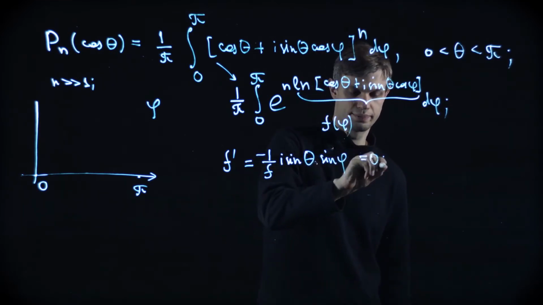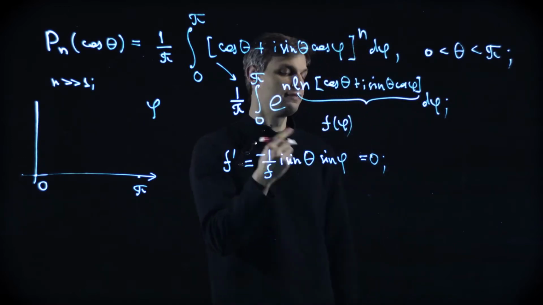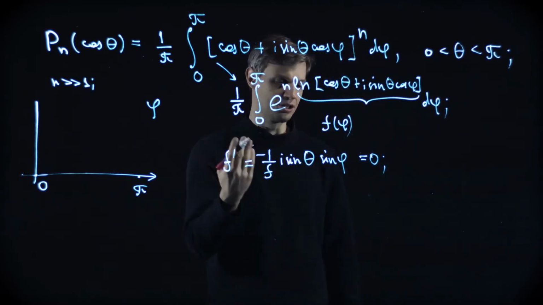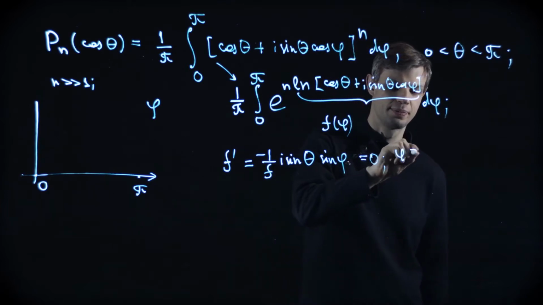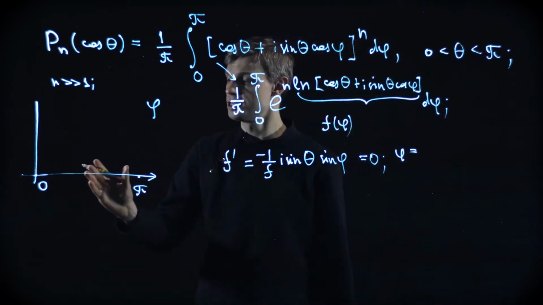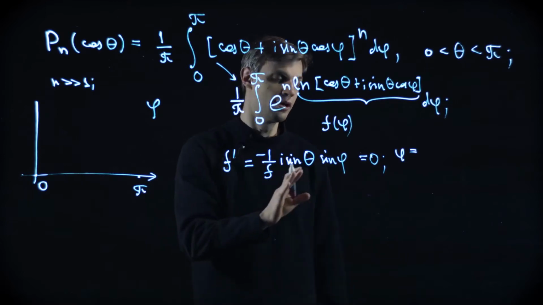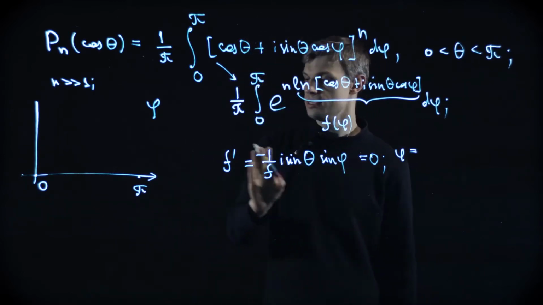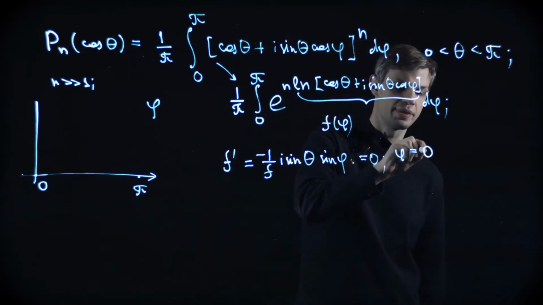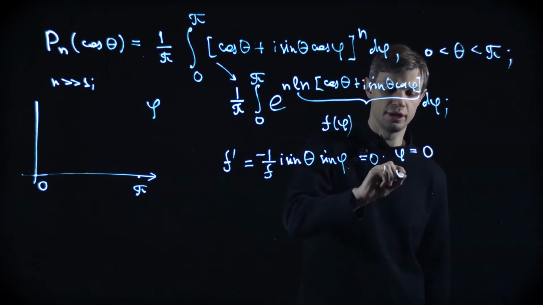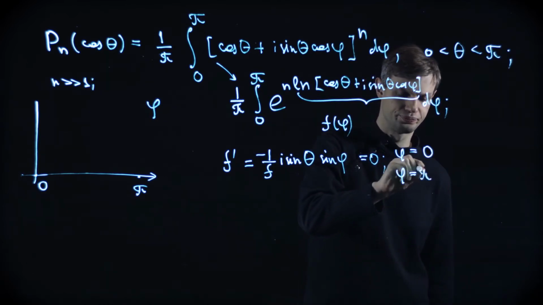And it's 0, right? So phi is equal to pi n, actually. But here our integration segment stretches just from 0 to pi. So from all these zeros, we need to choose only two important points: phi equal to 0 and phi equal to pi.